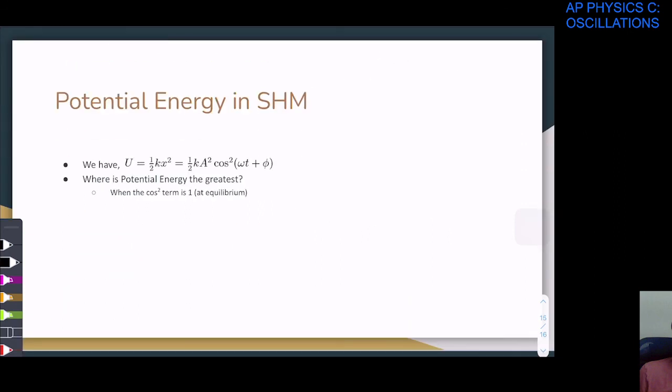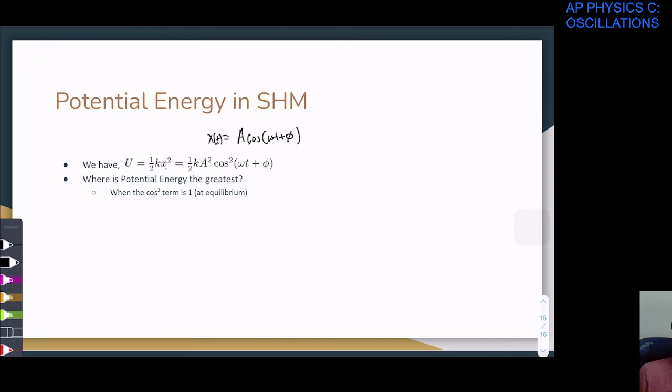Now potential energy is also pretty easy, because U is equal to 1/2 times kx squared, right? Because this is the potential energy of a spring, and x is just A times cosine of omega t plus phi. And that's pretty much all there is to it. We just plugged it in.